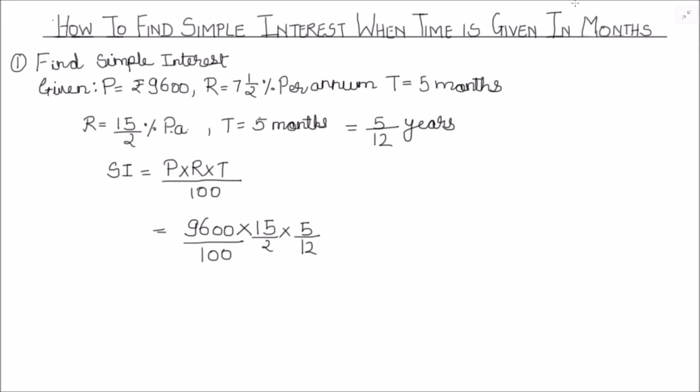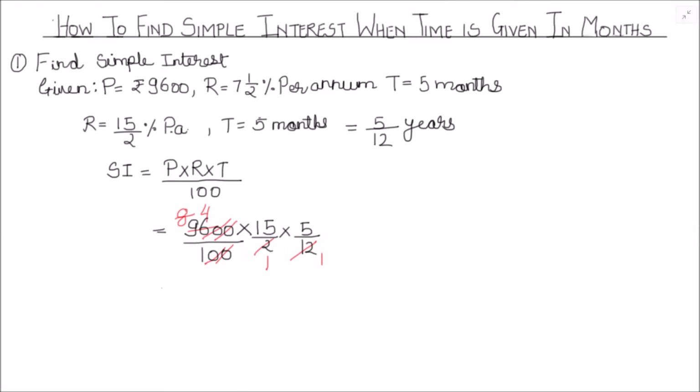Let us simplify this. 2 zeros in the denominator get cancelled with the 2 zeros in the numerator. This is 12 times 1 and 12 times 8 is 96. And then 2 times 1 and 2 times 4 is 8.